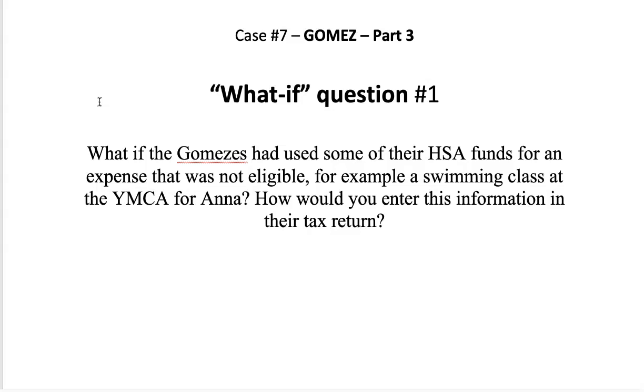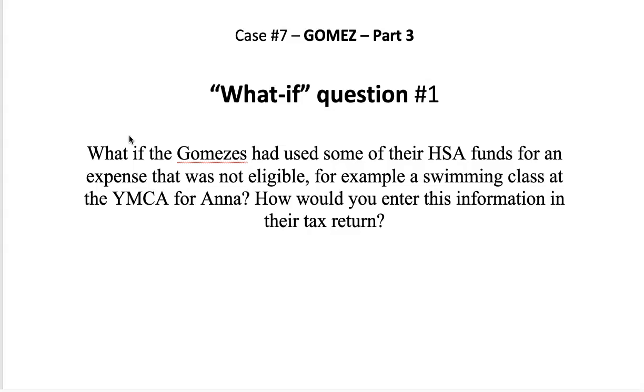So if the Gomezes took out, make up some numbers, $2,000, and $1,500 was used for qualifying expenses and $500 was used for non-qualifying expenses, then they're going to pay taxes on the $500. So let's be clear, money is fungible. You don't need a one-to-one matching of when the money came out of the HSA account and when it was spent.